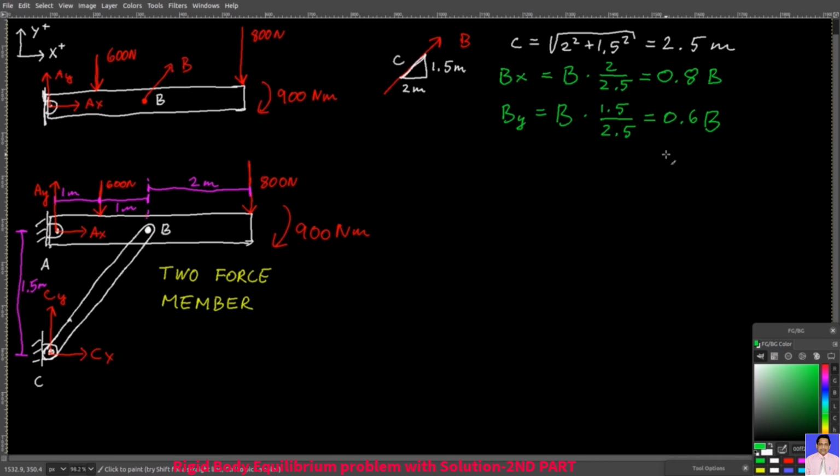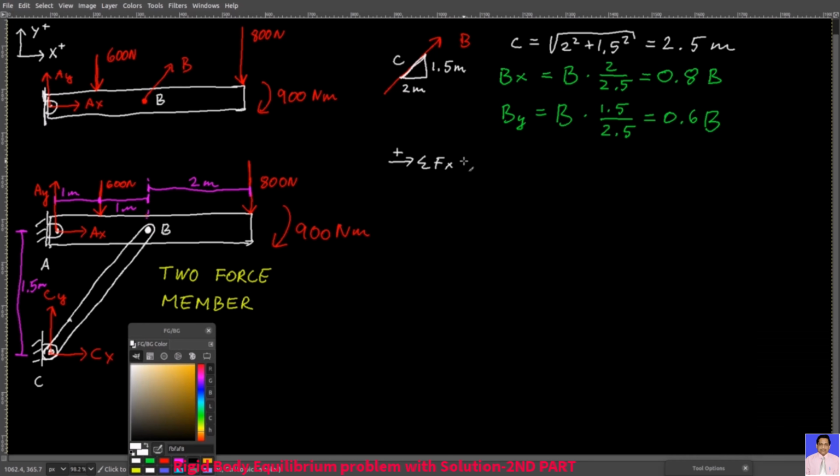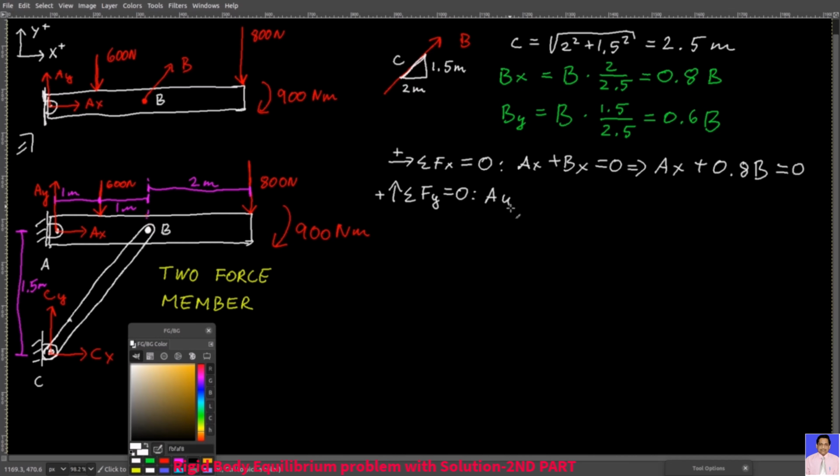Next, we will apply the rigid body equilibrium principles. The sum of the forces in the x direction must be 0. And now, according to this free body diagram here, in the upper left corner, I have Ax plus Bx. It will be 0. In other words, Ax plus 0.8B is 0. Then in the y direction, I have Ay plus By minus 600 minus 800. That has to be 0.